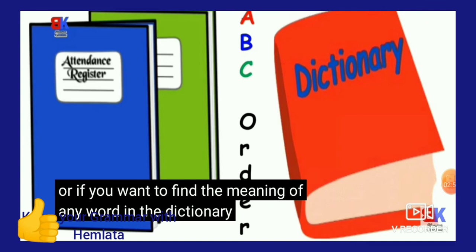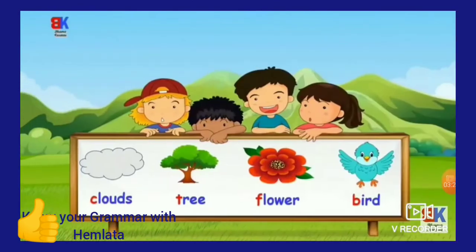Same as the attendance register. If your teacher wants to find your name, what will she do? She will search in the attendance register by the letters like A, B, C and he or she will find your name easily. So these are the two important uses of alphabetical form.